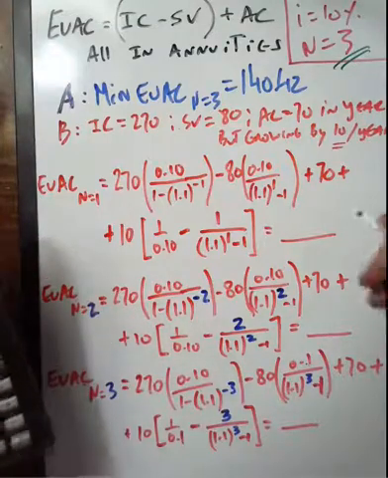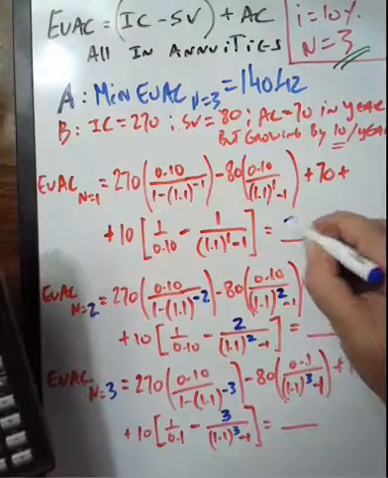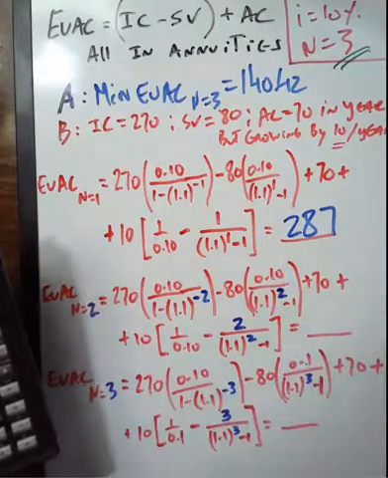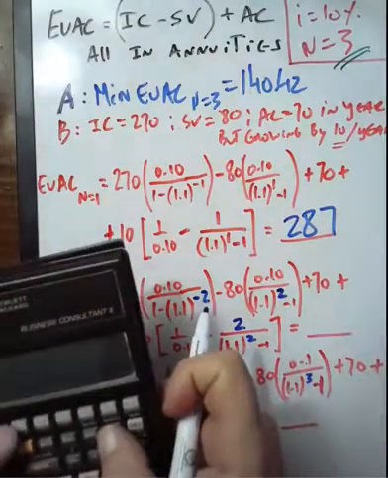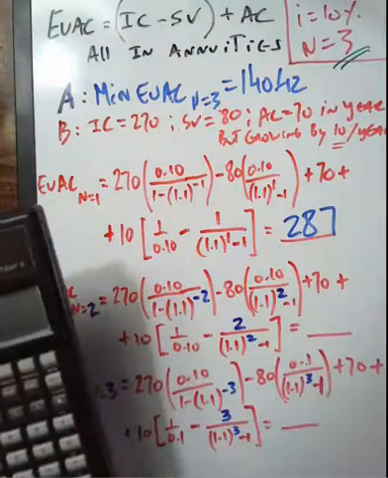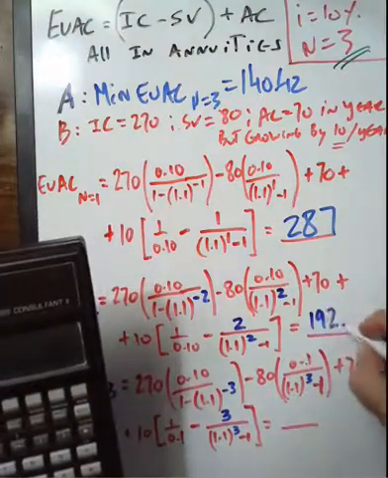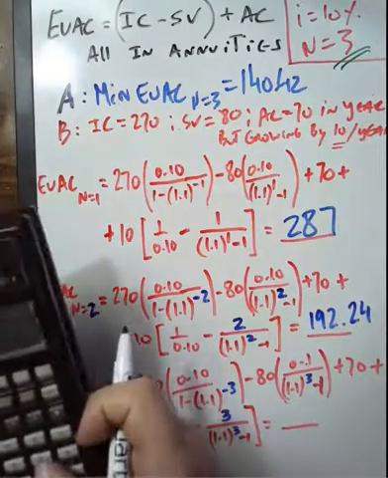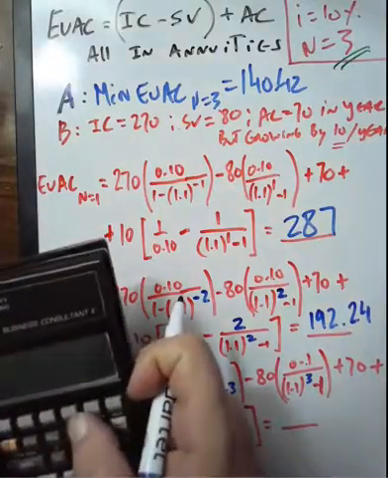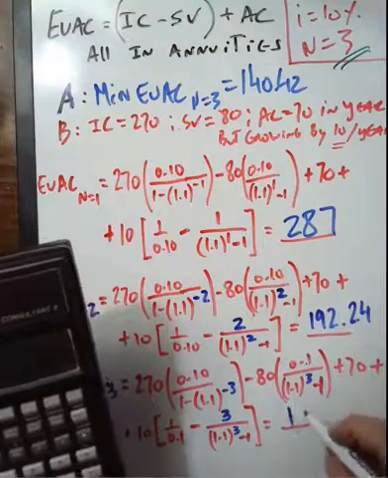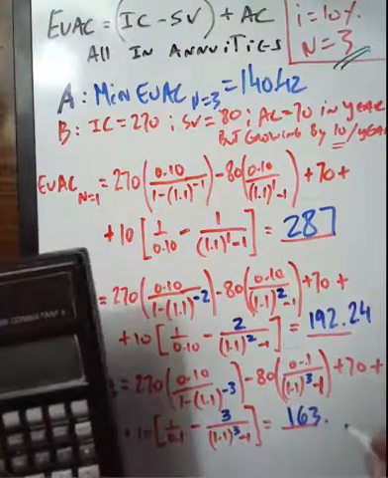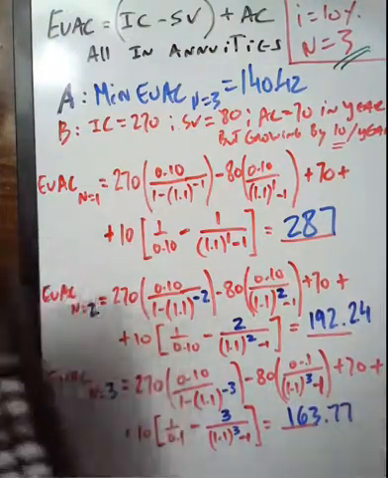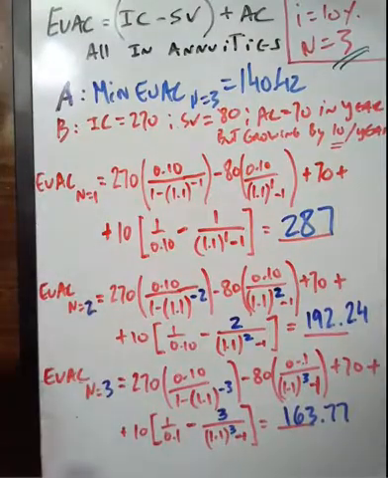So if we keep this machine for 1 year, the cost is $287. If we keep it for 2 years, the cost is $192.24 per year. If we keep it for 3 years, the cost is $163.77.